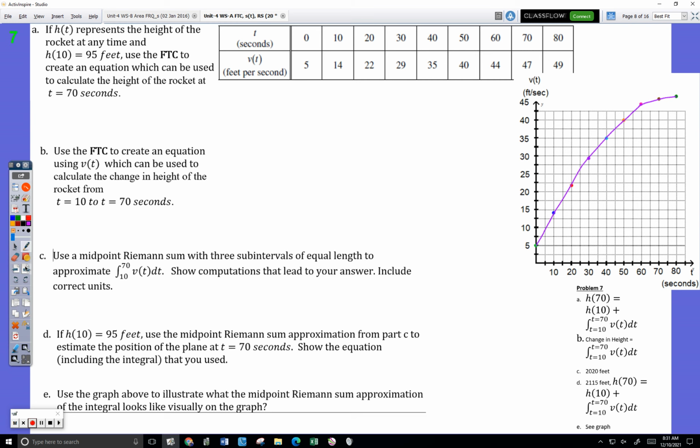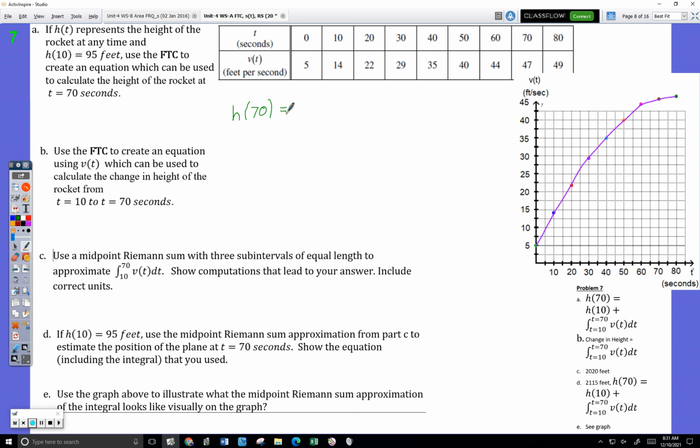So Ty, I got H of 70. Hold on a second. Go ahead, Ty. Is equal to, I don't know how to say it, can you go with time times 70? That's exactly how you say it. Keep going. H of 70 minus H of 10.